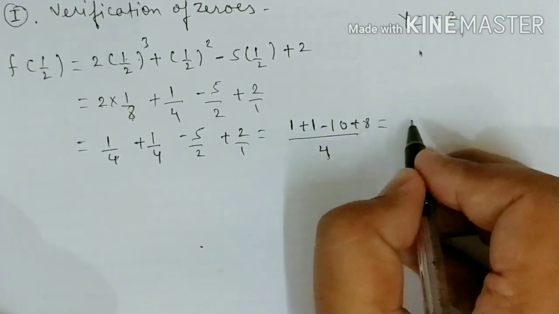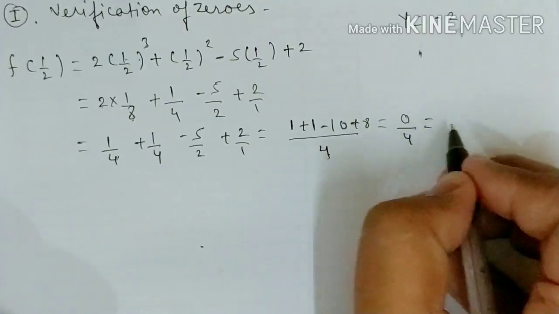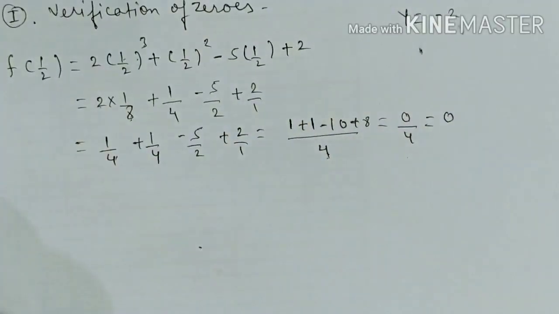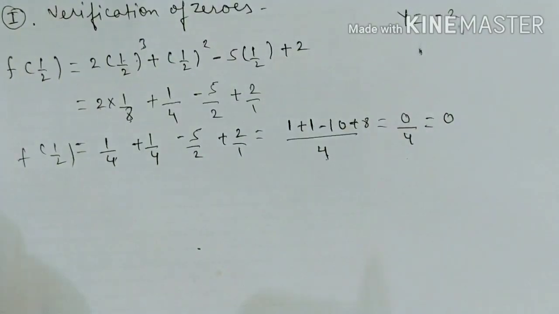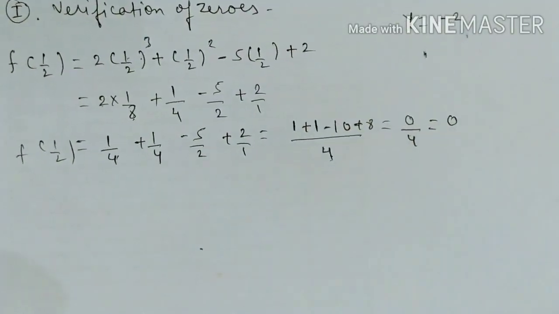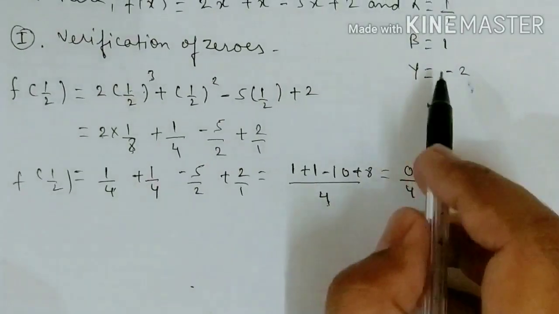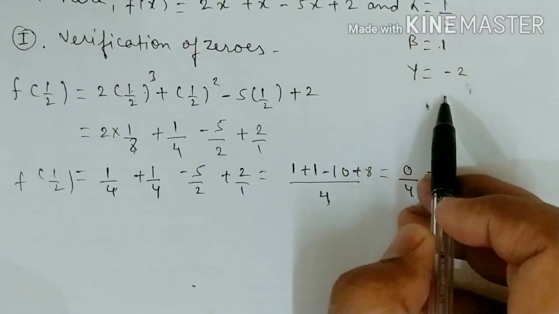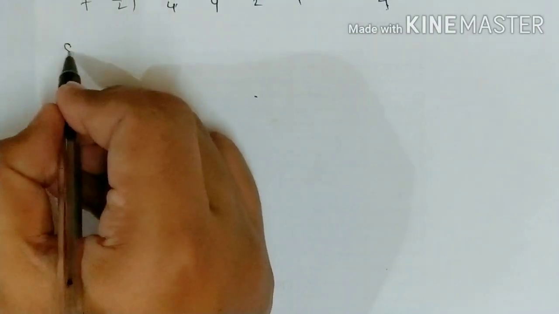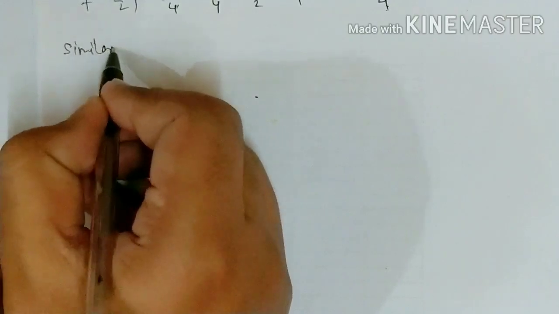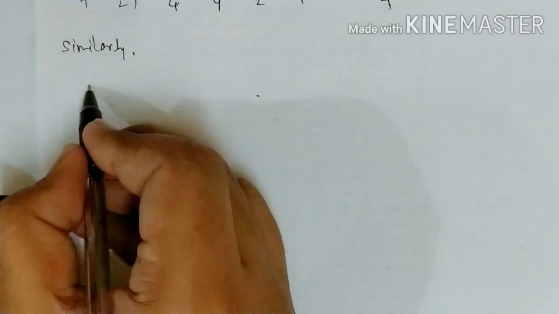When you simplify it, you will get 0 upon 4, and 0 upon something is always 0. So here you can say f of 1 by 2 is equal to 0. In the same way, you will check for the other zeros, that is beta equal to 1, and next gamma equal to minus 2. So now I will check similarly for f of 1.